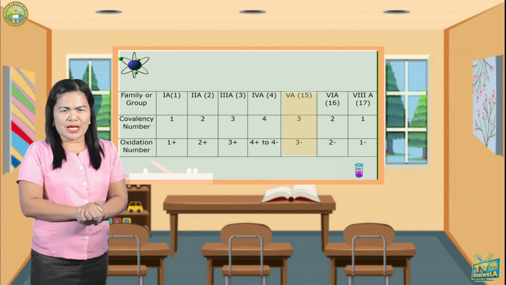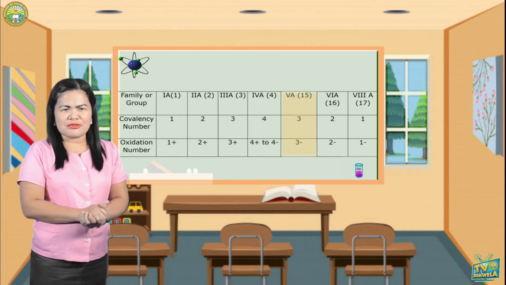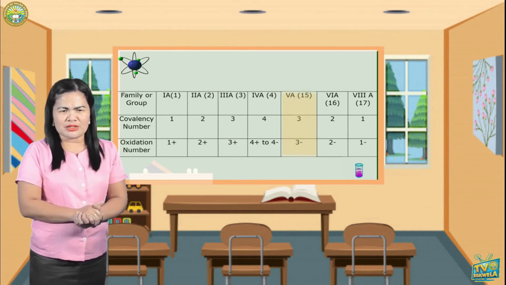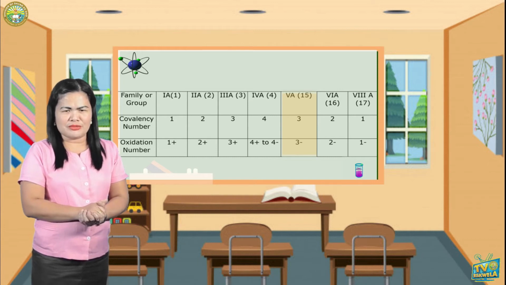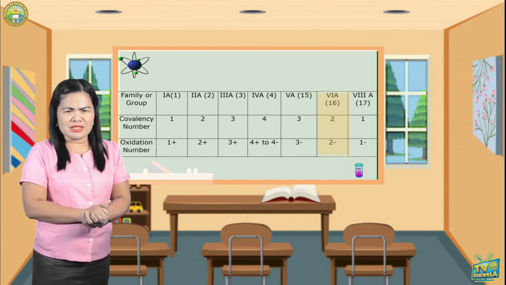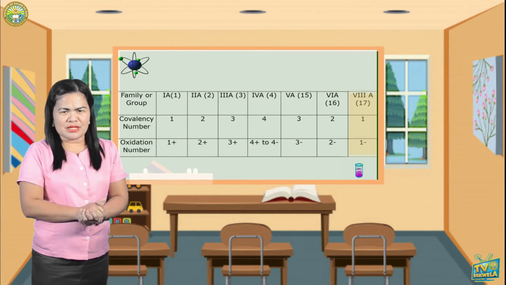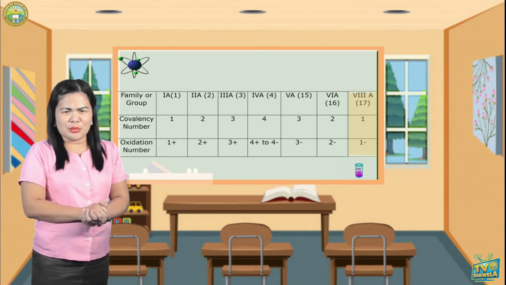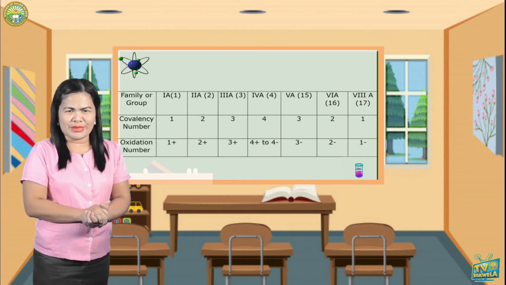Family or group 5A or 15 has the covalency number of 3 and oxidation number of negative 3. Family or group number 6A or 16 has the covalency number of 2 and oxidation number of negative 2. Family or group number 7A or 17 has the covalency number of 1 and oxidation number of negative 1.